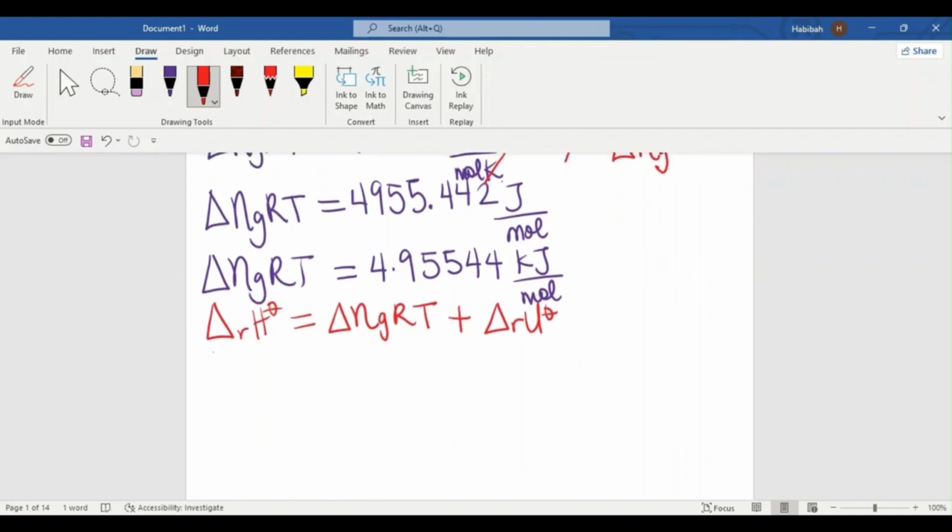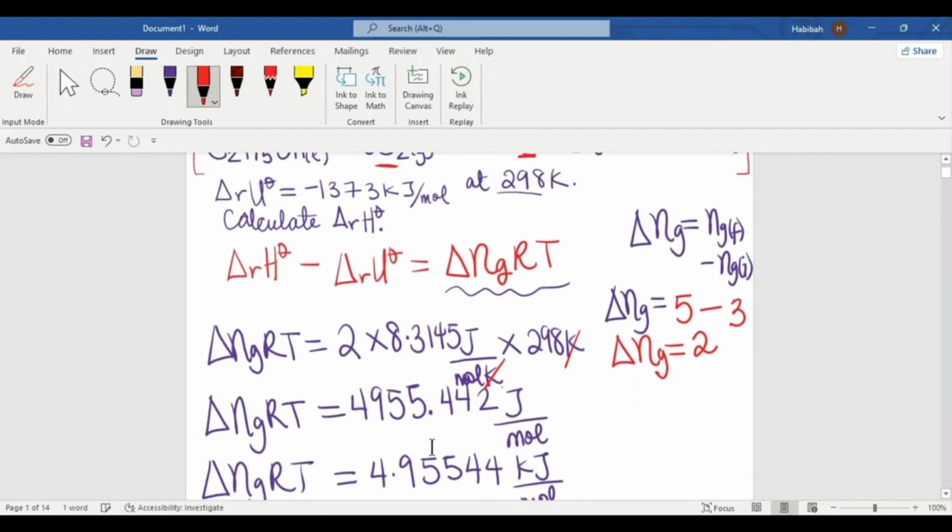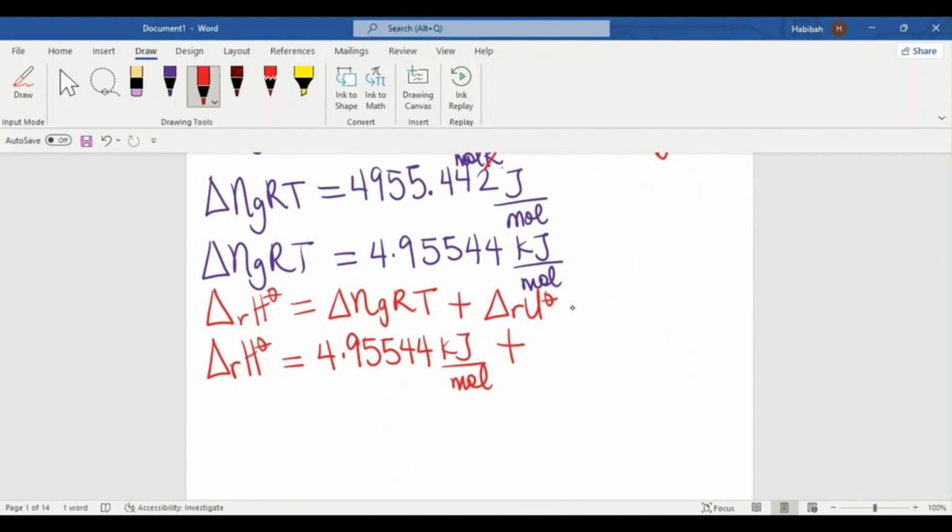So we substitute what we have here. The change in enthalpy of the reaction equals 4.9554 kilojoule per mole plus the change in internal energy, which we have to be negative 1373 kilojoule per mole.